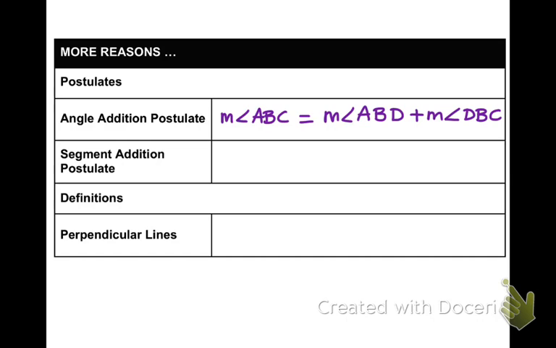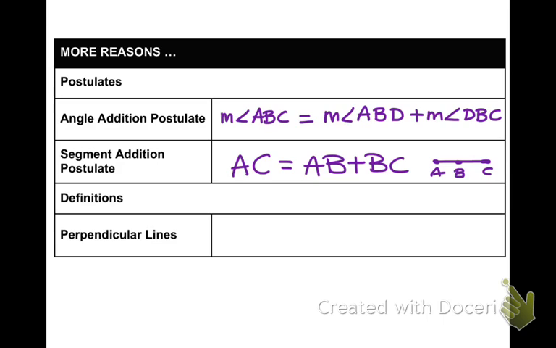Angle addition postulate, if we're talking about angles. Your segment addition postulate is the same thing, just with segments. So we could say AC is equal to AB plus BC would be your segment addition postulate. If I make the little diagram, AC is equal to AB plus BC.